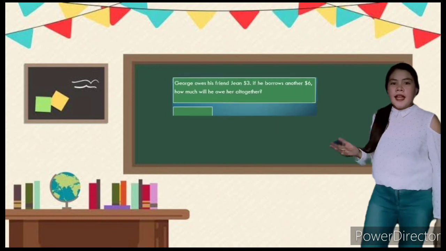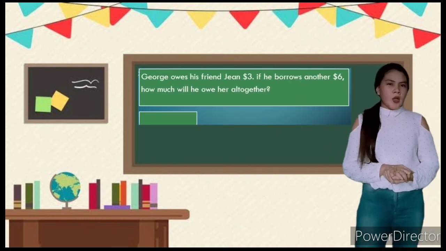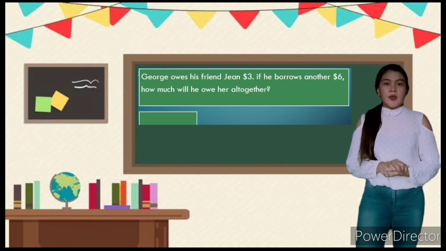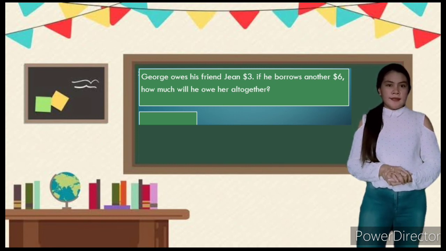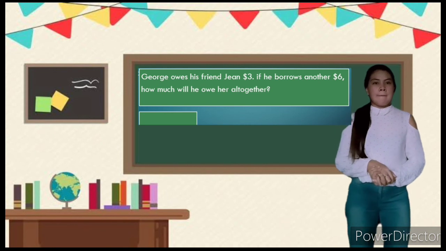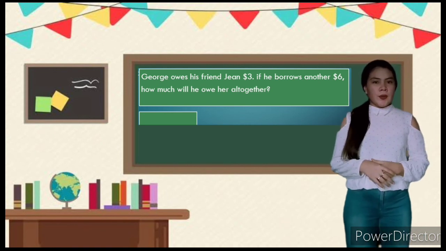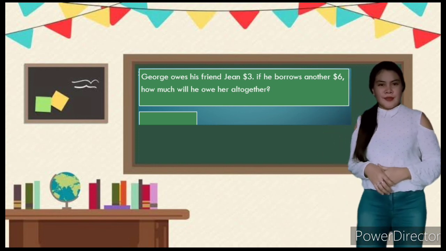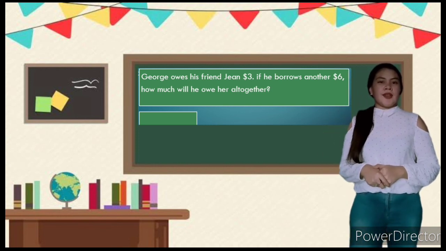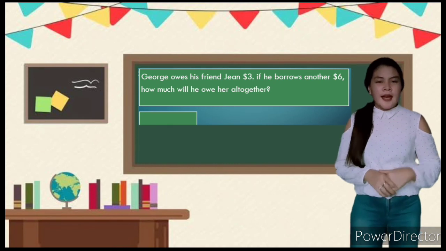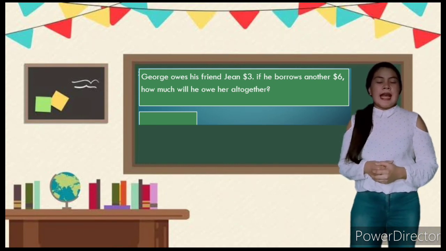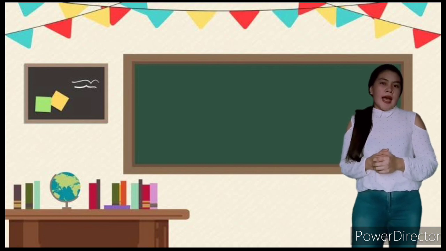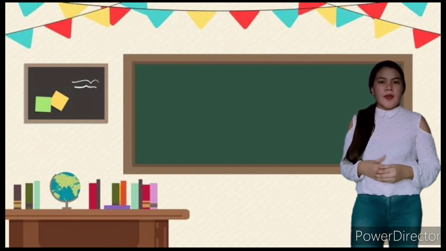So, here's another example, and I want Brian Bakaling to answer this one. Okay, so what's the answer, Brian? Wow, very good. So, I think all of you understand now the rules in adding integers and also the movement.